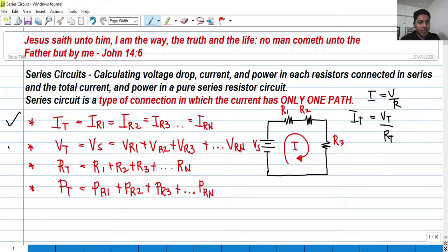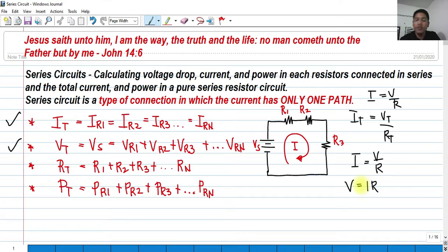In terms of voltage, since these are all connected in series, there is a voltage drop in each resistor. The voltage drop in each resistor depends on the value of its resistance. The greater the resistance of the resistor, the greater the voltage drop according to Ohm's law. Manipulating Ohm's law to get V, we have V is equal to IR.